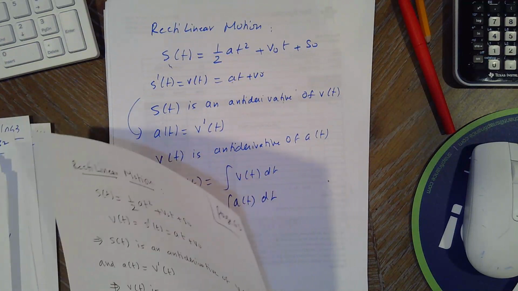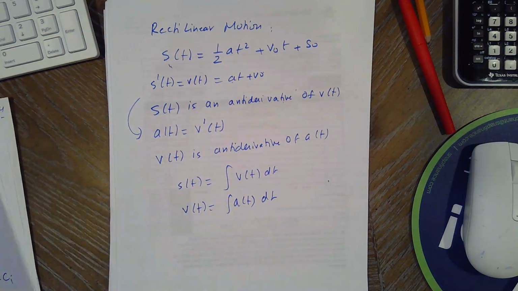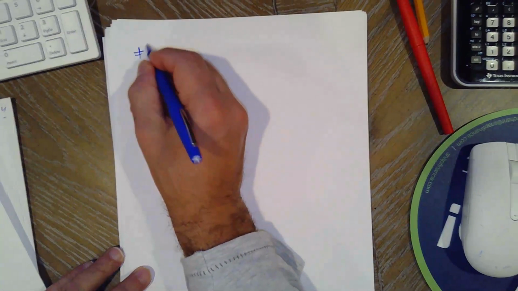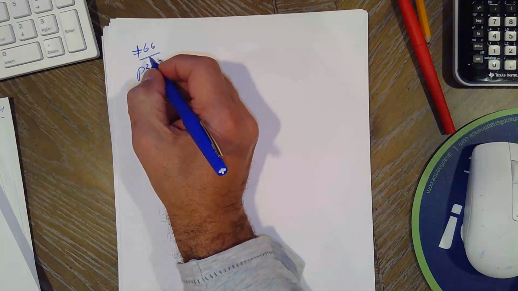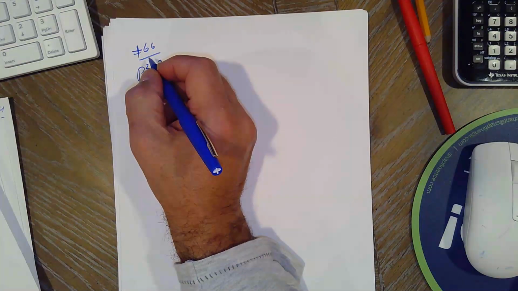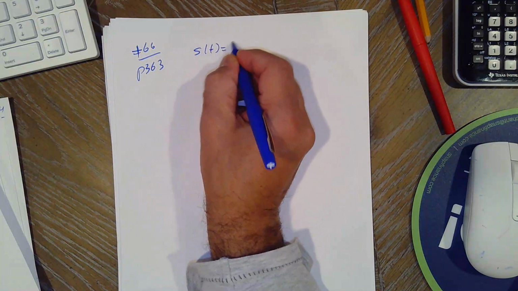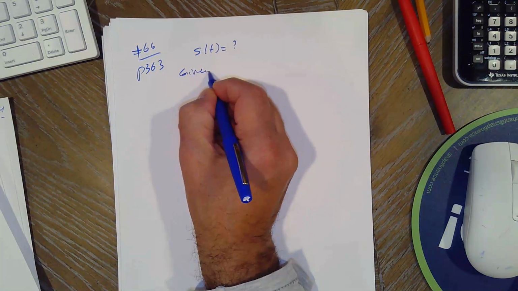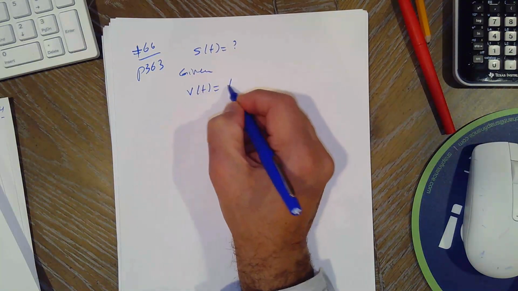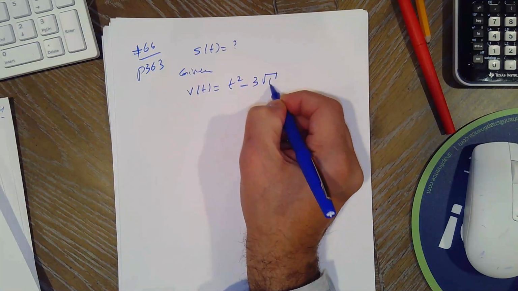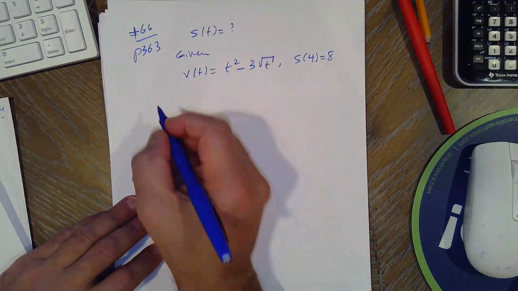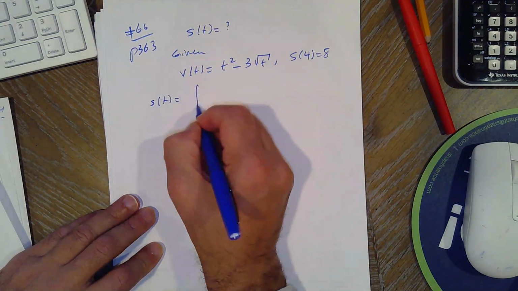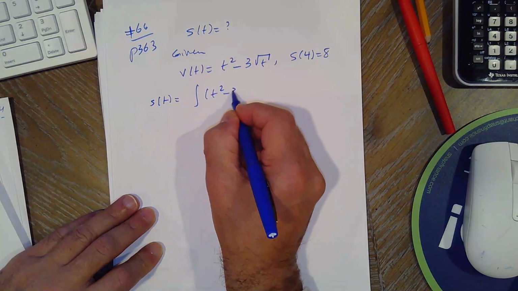So let's look at 66, page 363. It says a particle is moving with the given data, so that we want s of t. We're given v of t is t squared minus 3 root t, and we're given the initial condition s of 4 is 8. So s of t is the antiderivative of v of t.